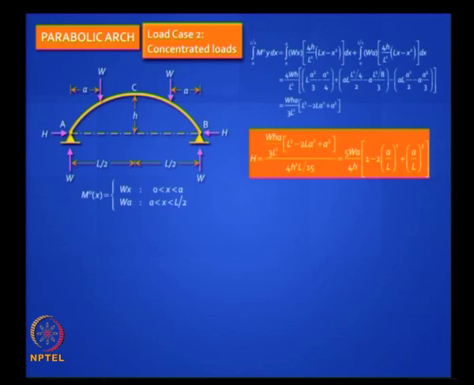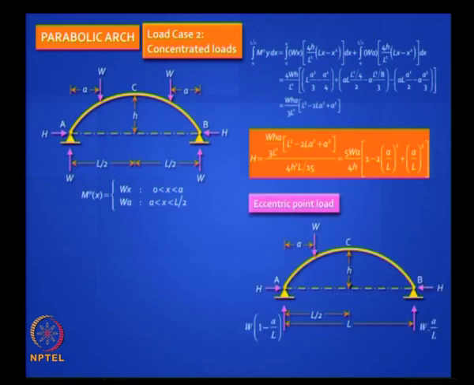Is it clear? Now, if you had just one load, vertical reactions are easy to calculate. Horizontal reaction is what you get in that expression, divided by 2. So instead of 5 by 4, it becomes 5 by 8 times that same expression. What happens if you had one concentrated load at the crown?